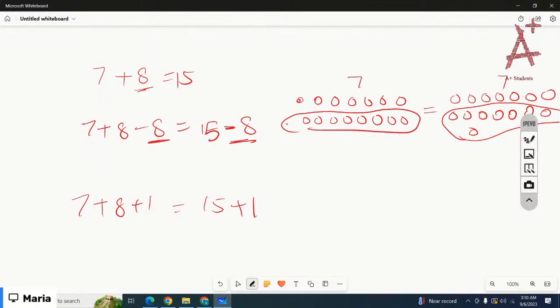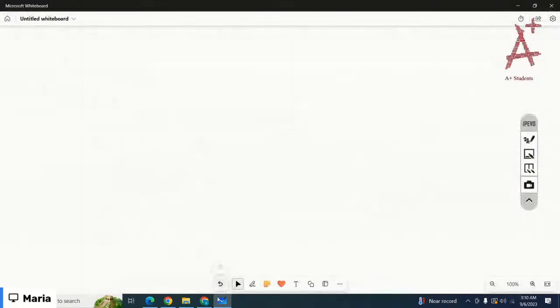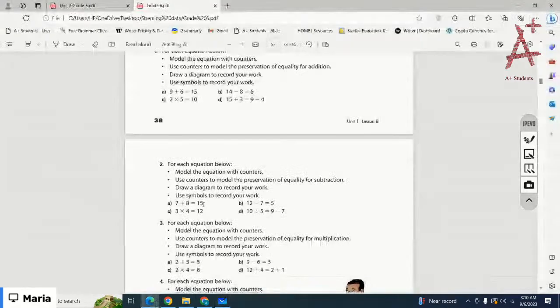So that means 7 plus 8 is 15 and 1 more is 16, and you can see 16 counters on the other side. Making counters again and again is a bit long. That's why I'm not going to make the counters on the board. The basic thing is you have to perform the same steps on the equation on both sides, right?